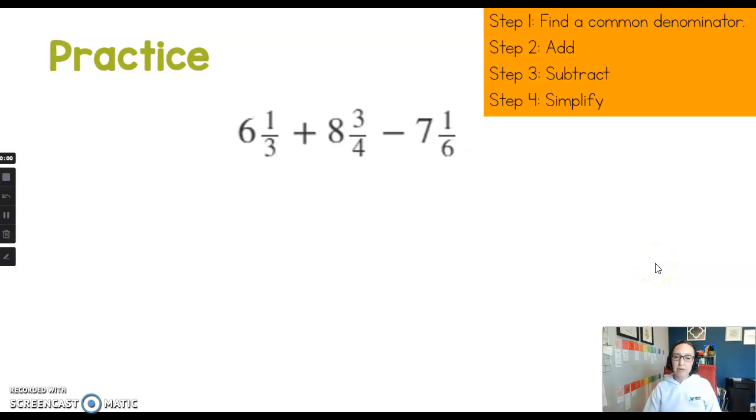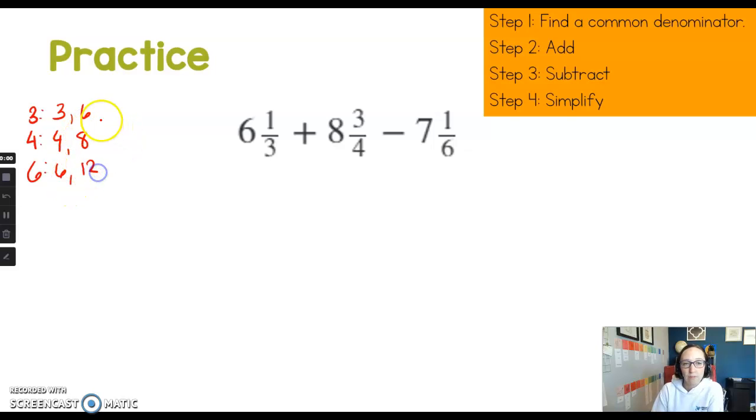So first thing we need to do is find a common denominator. So we take a look at this and I go, 3, 4, 6. I'm going to write these out here and see if I can find a common denominator. 3 times 1 is 3, 4 times 1 is 4, 6 times 1 is 6. 3 times 2 is 6, 4 times 2 is 8, 6 times 2 is 12.